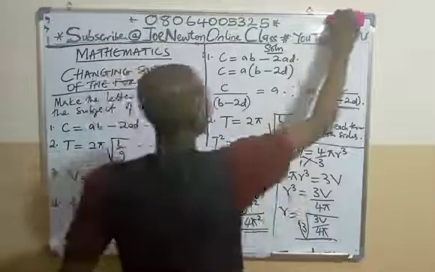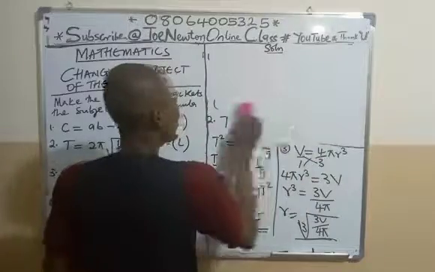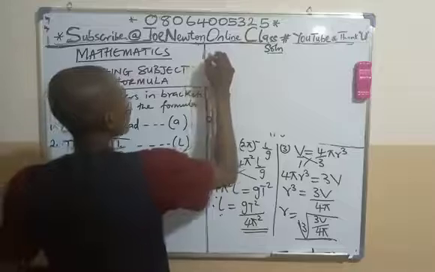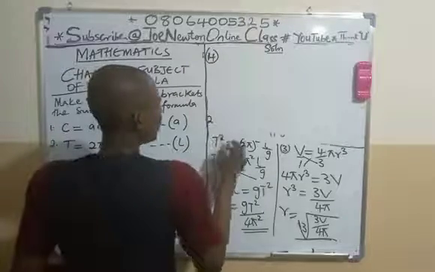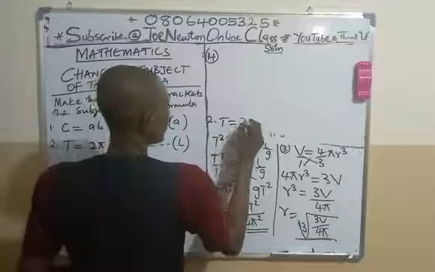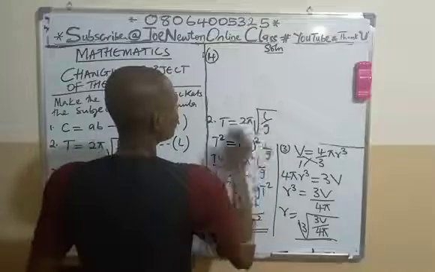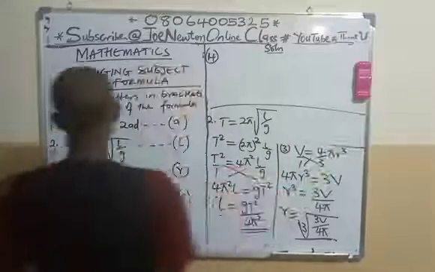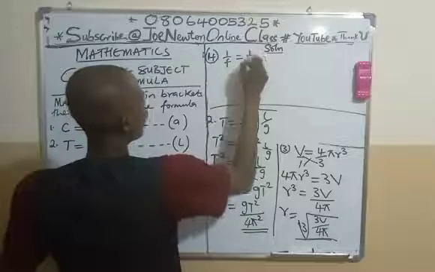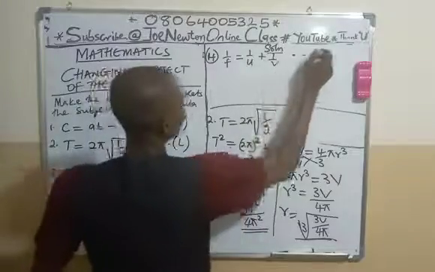It's very simple. So let's go back and finish number 4. For question number 4, number 4 says 1 over f is equal to 1 over u plus 1 over v, and we are asked to make f the subject of the formula.